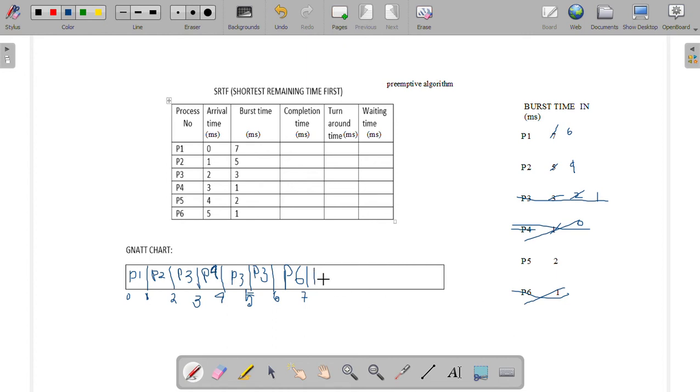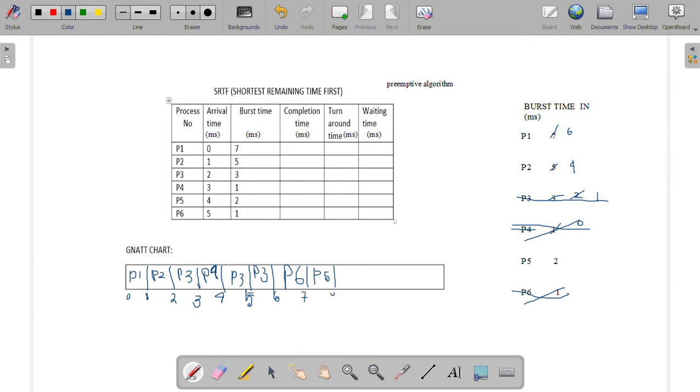Now you can properly understand what I wanted to tell you: process P5 will go up to what millisecond? It will go up to 7 plus 2, that is 9 millisecond.